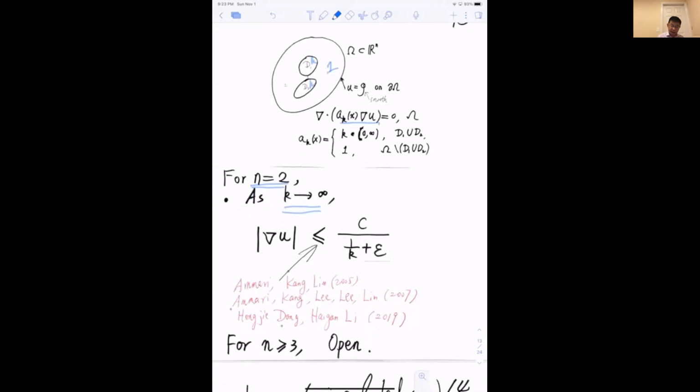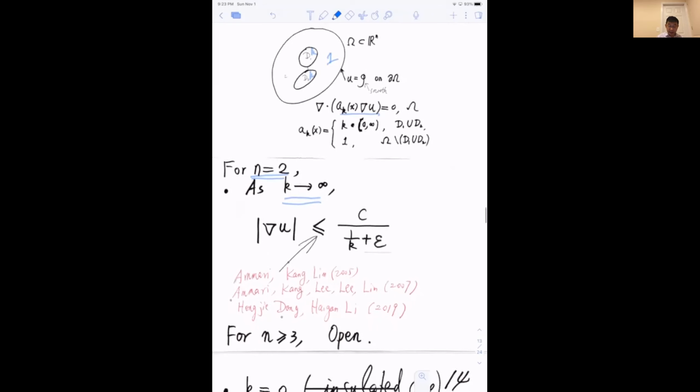So in this work, they showed that actually the rate should be constant over 1 over k plus epsilon. So if we look at the case like my earlier work with Vogelius, that's k equal to a constant. Then you see if it's a constant, this epsilon will not play a role, gradient u will be bounded.